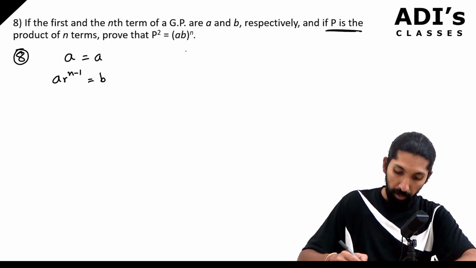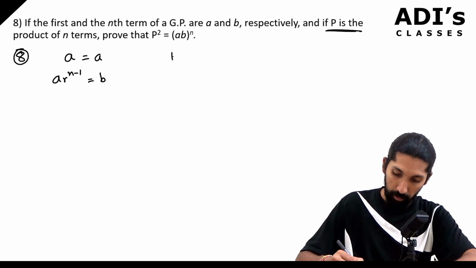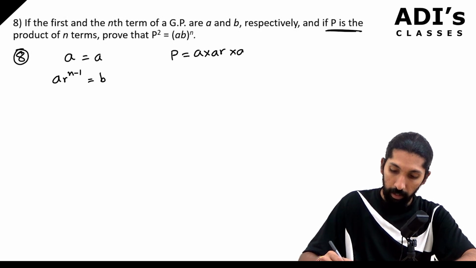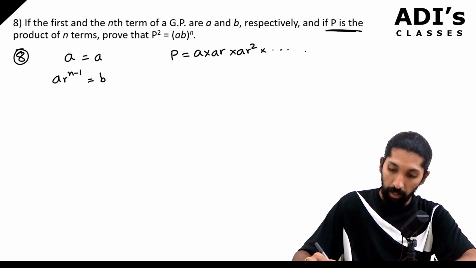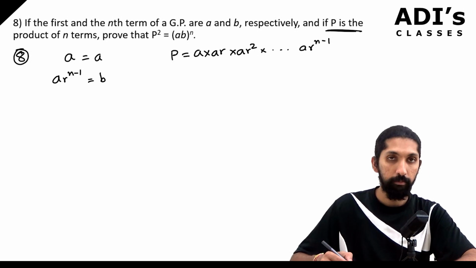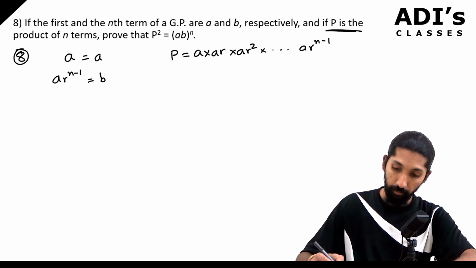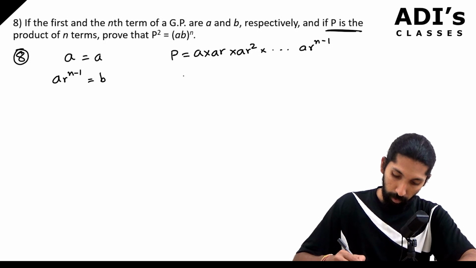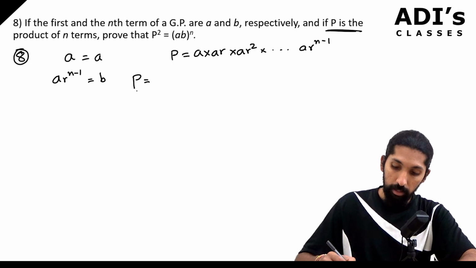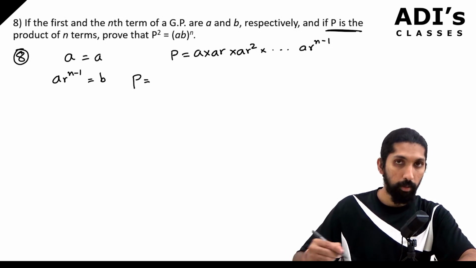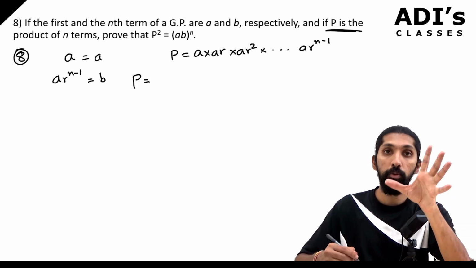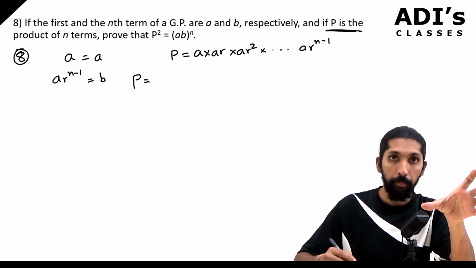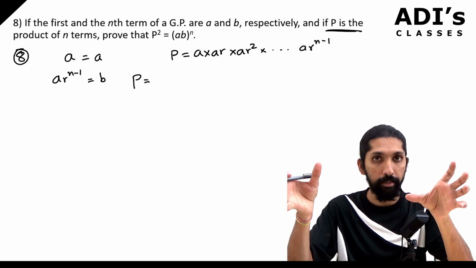That means P value is nothing but A into AR square till AR to the power n minus 1. Correct? Or you can say till B. But in this case, what we'll do, P is equal to, see, you can do one thing. You can split two things. You can do A in one side and R in one more side.